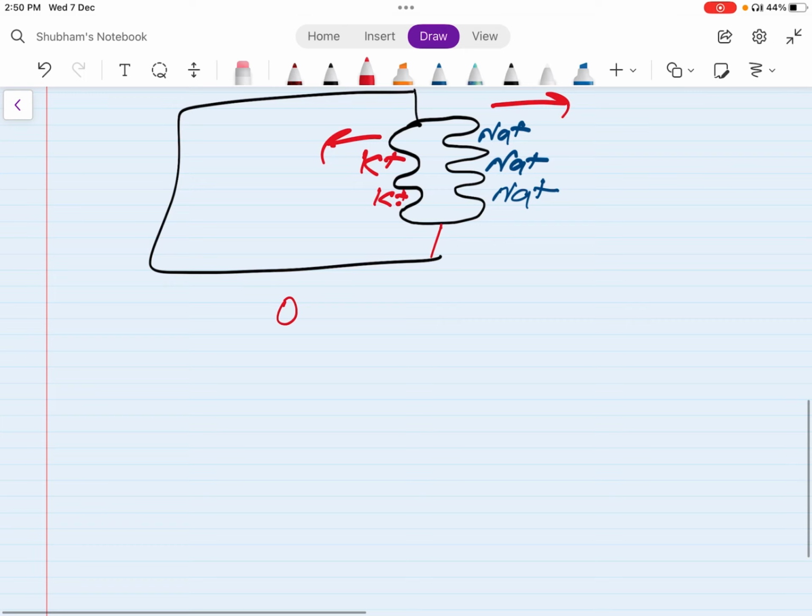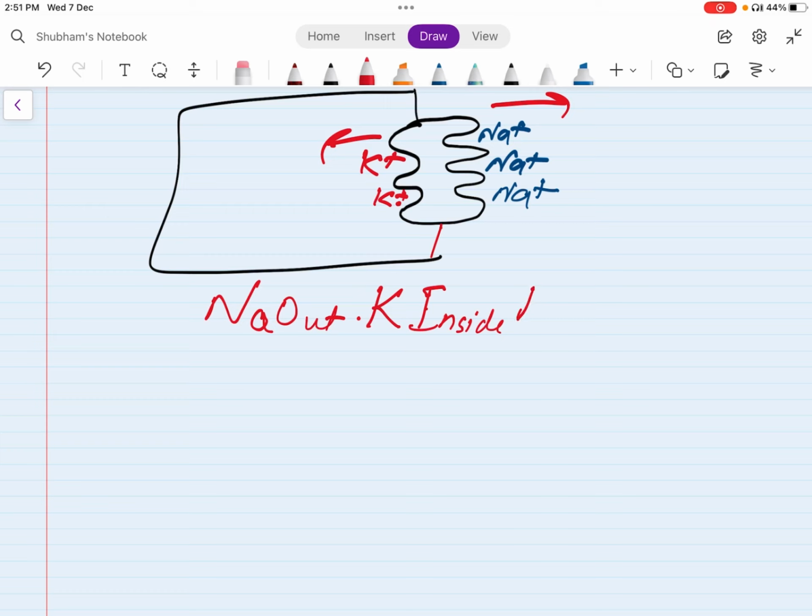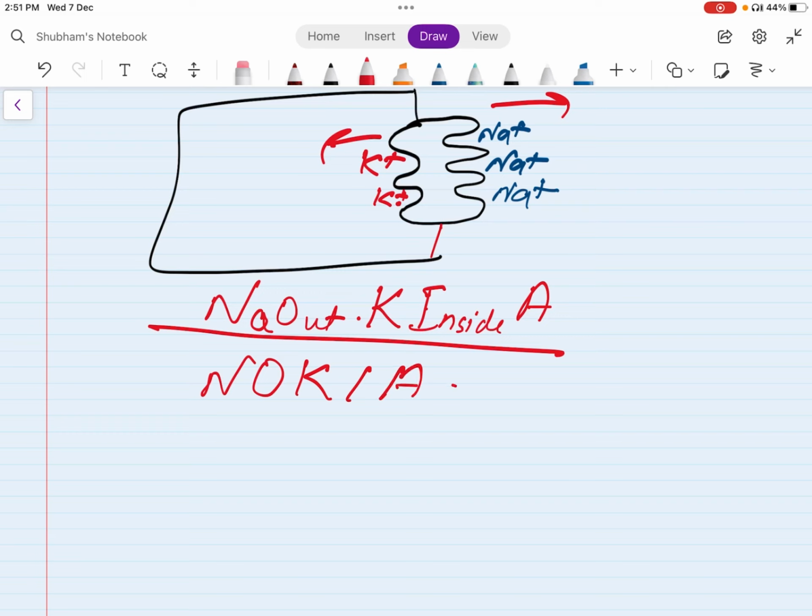We just throw sodium outside of the cell and potassium inside of the cell. So how do we remember it? Nokia: three sodium outside of the cell, two potassium inside of the cell. 3 to 2, Nokia. Right.